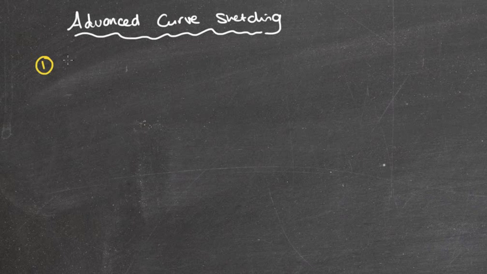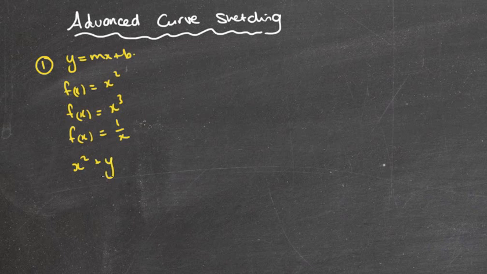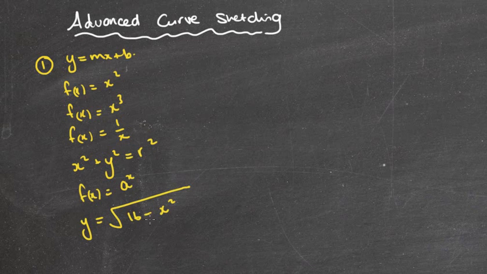So, looking at your y equals mx plus b, so your straight line equations, your f of x is equal to x squared, your f of x is equal to x cubed, f of x is equal to 1 over x, I guess x squared plus y squared equals r squared, our f of x is equal to a to the power of x, so our exponentials, and also y equals the square root of, let's say, 16 minus x squared, which is our semicircle.